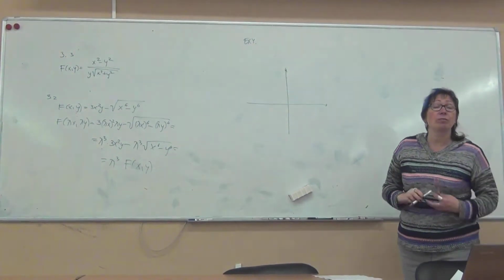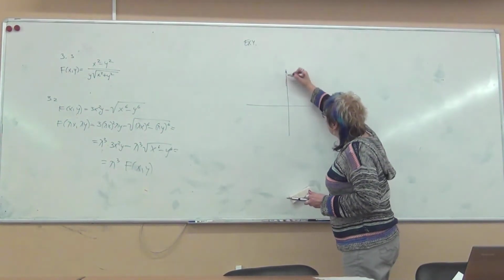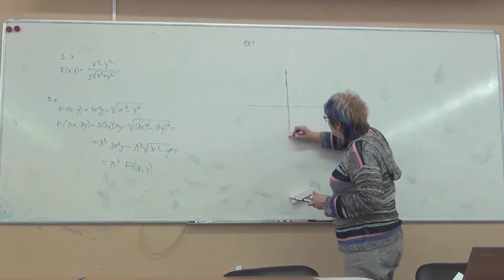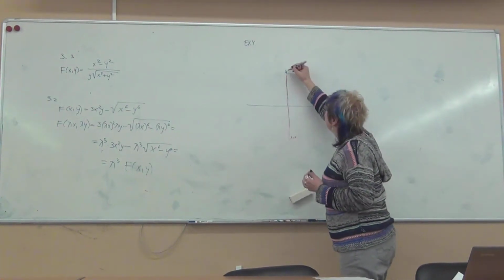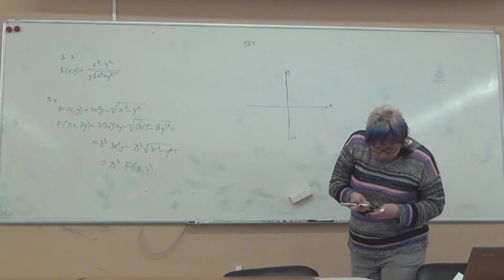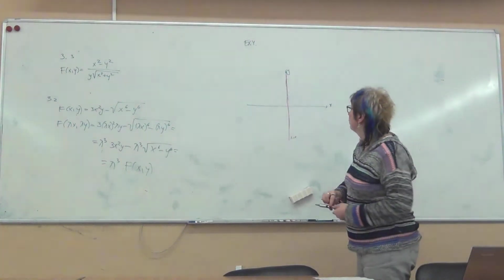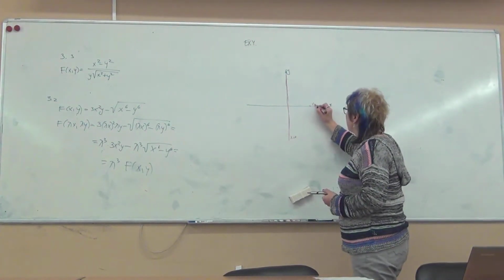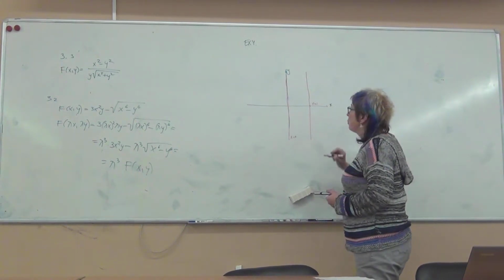It's the y-axis. This line, the y-axis, is x equals 0. Obviously, x equals 1 is another vertical line.